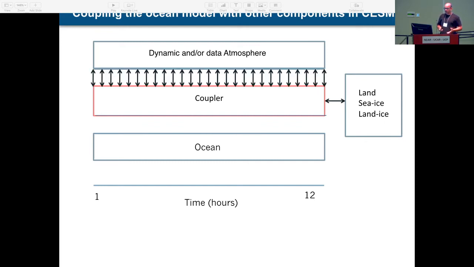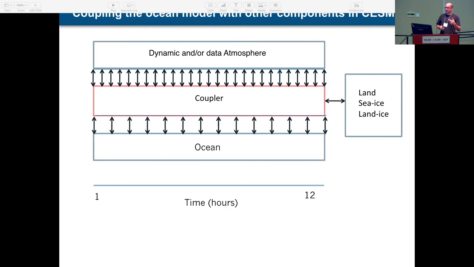And the way we do it is, they can run with different coupling time steps. I think one of the exercises yesterday asked you to change the coupling time step of the atmosphere. The coupler takes care of making sure that things are conserved when you migrate from one to another, when you pass a flux from the atmosphere to the ocean and vice versa. Out of the box, the atmosphere is coupled every half an hour.